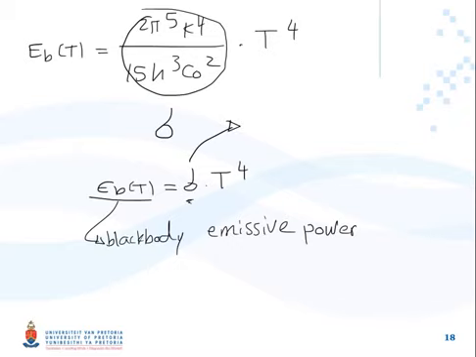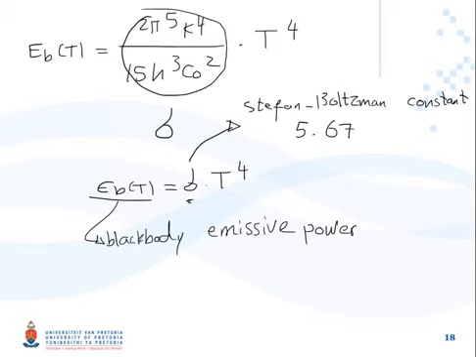This Stefan Boltzmann constant is equal to 5.67 times 10 to the power of minus 8 watt per m^2 K^4.